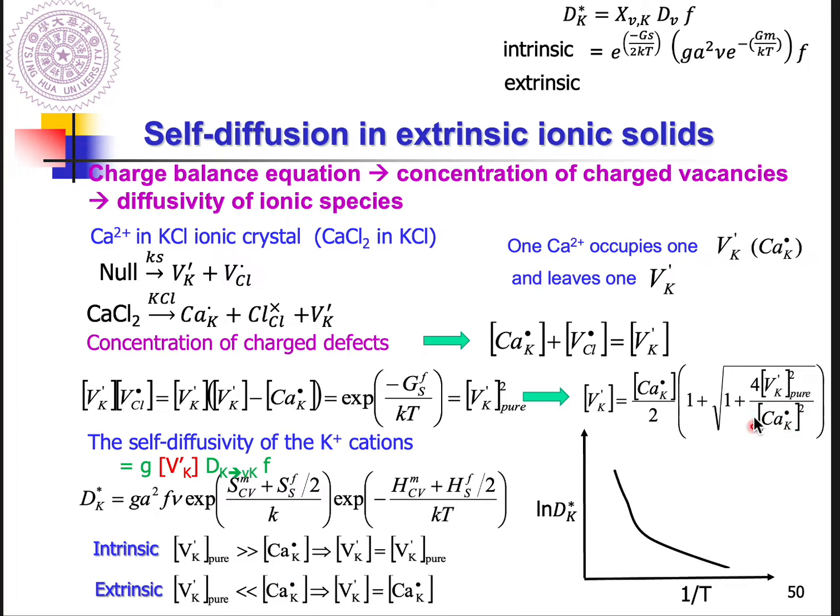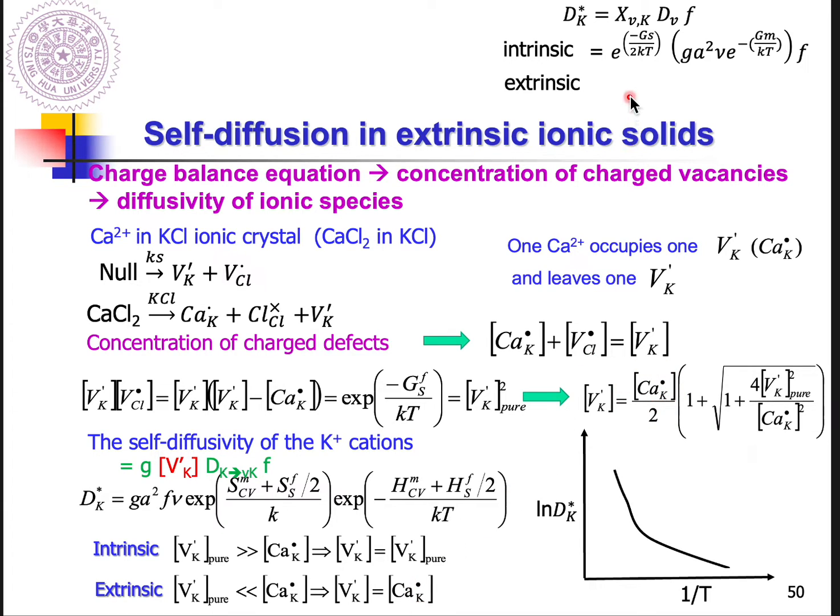So this one is quite large, so this term is very small. So you got 1 plus 1 is 2, so drop the 2. So the vacancy fraction at the potassium side is equal to the atomic fraction of the dopant.